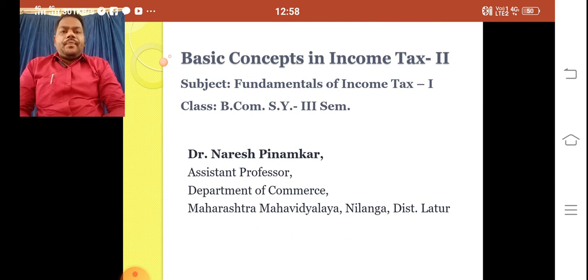As you all know, to collect the income tax from different types of assessees, the central government of India has passed Income Tax Act 1961, and under this act, the assessees are determined and they are charged for tax upon their income. So, to understand the procedure of charging the income tax, we need to understand what are the basic concepts in Income Tax Act 1961.